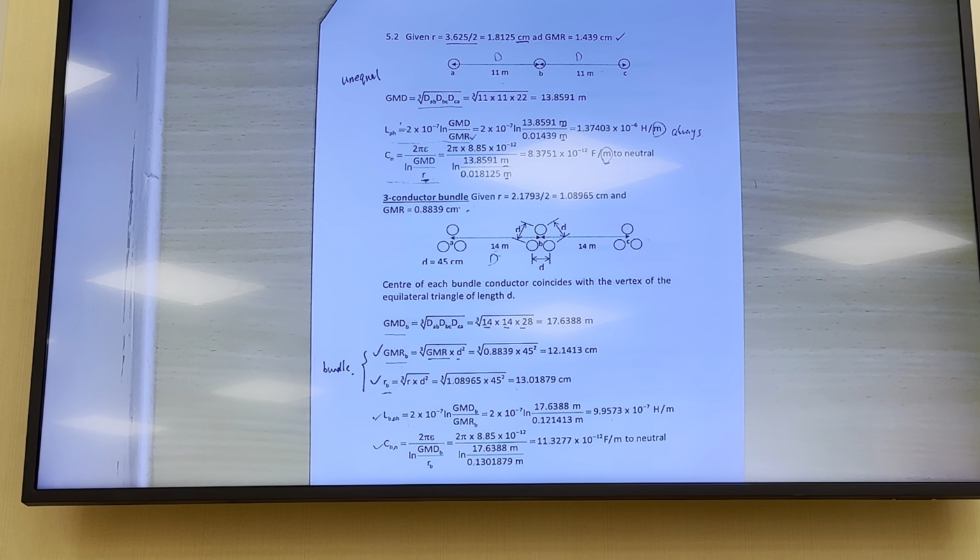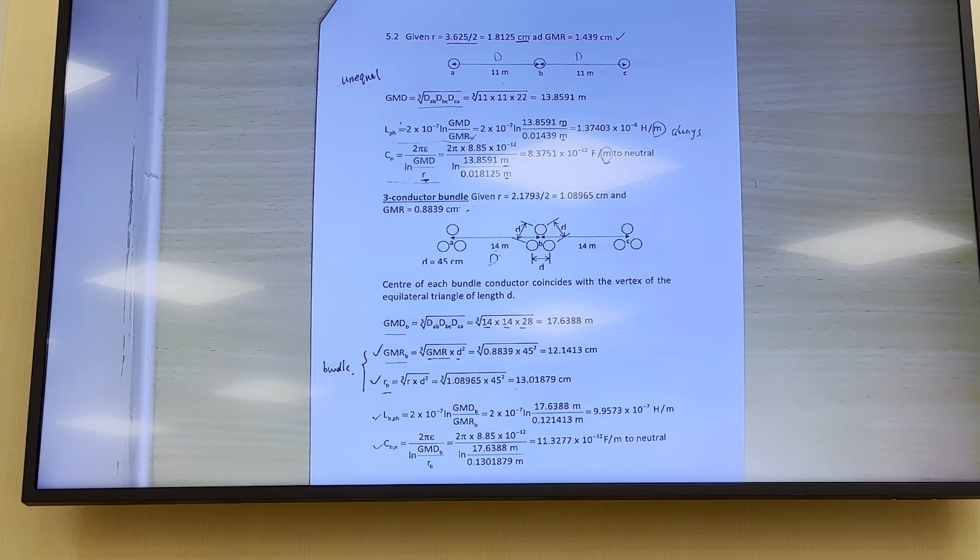Substitute them into the same formula, the ratio for L and also this ratio for C. The units will be Henry per meter and Farad per meter. So essentially it is the same as the previous question. You just note the three-strand bundle case: recalculate the GMR_B and the so-called R_B.